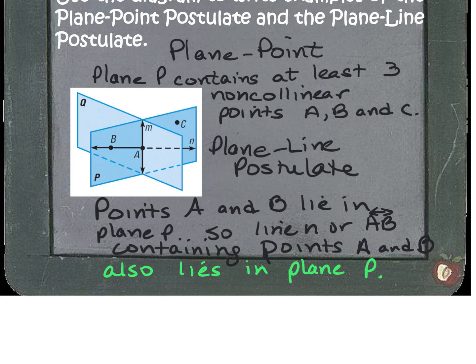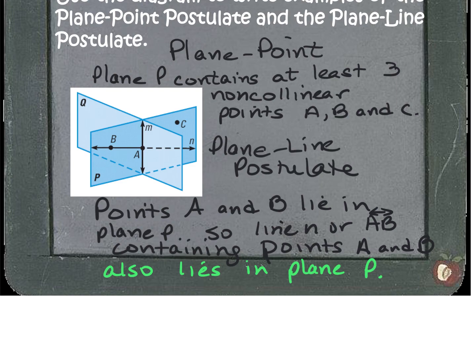Yes? Those are 2 examples of what you could write. Correct. Yep. See, line M doesn't have 2 points on it, so that's why I used the one with points A and B.